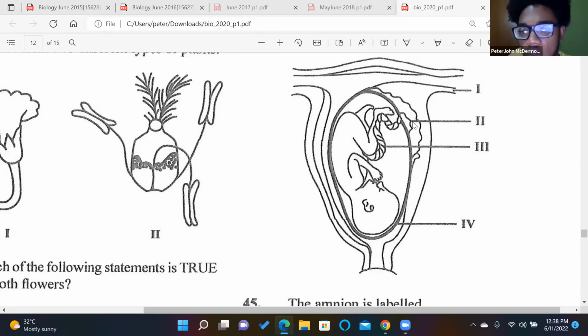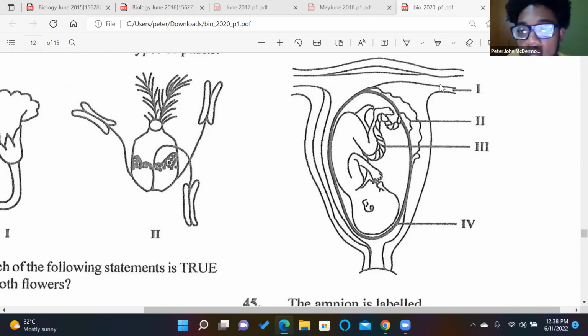What's 2? Is it a placenta? It's kind of a weird diagram. Not actually that sure. This is the amnion, yeah. So what would 1 be?